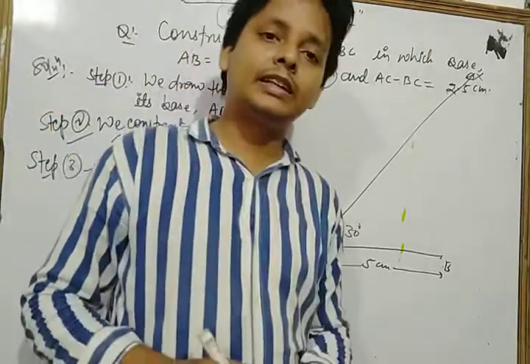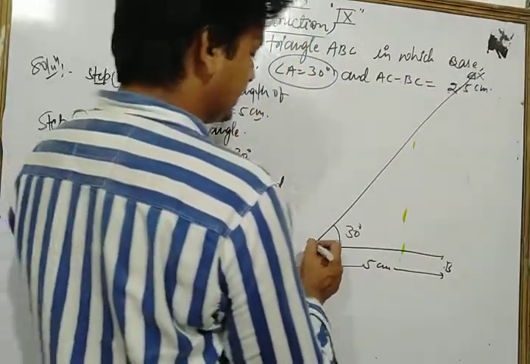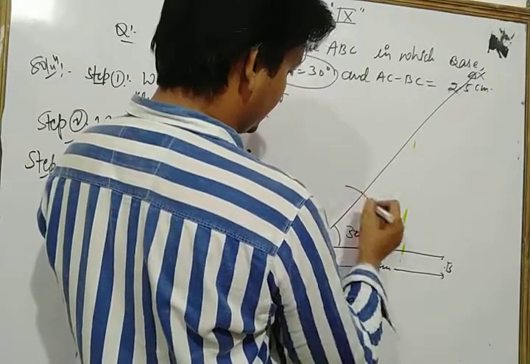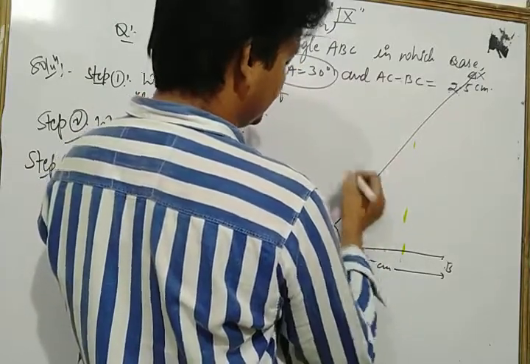Okay, so in that step, taking A as center and distance equal to 2.5, we construct an arc in this way at some point D.